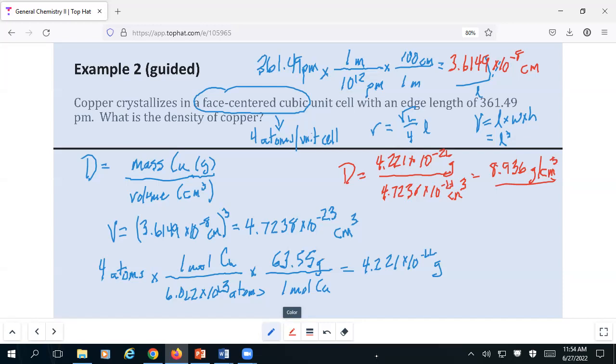So the first calculation was very direct. I got the edge length, it gives me the radius. I get the radius, it gives me the edge length. Here, I have to interpret what the unit cell is and kind of take it from there. All right, any questions about this example?